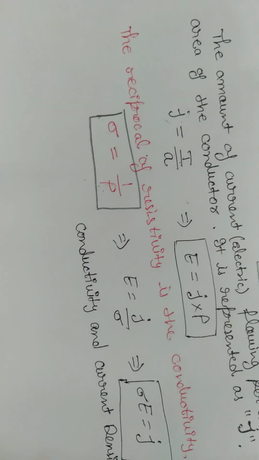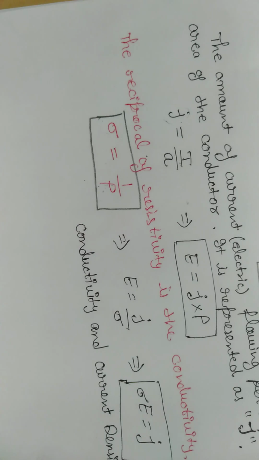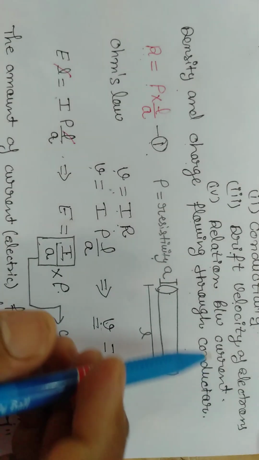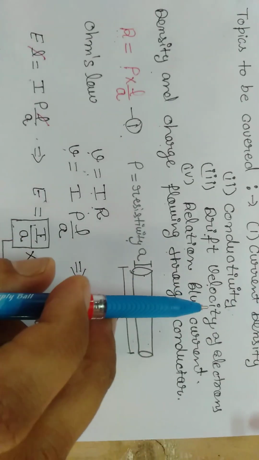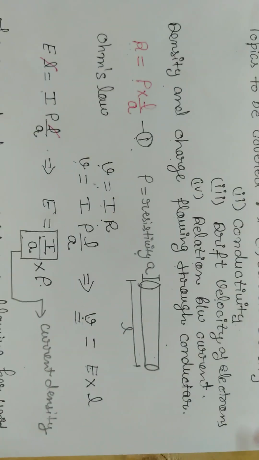Now next what we will do further here, now we will talk about the drift velocity. The drift velocity of the electrons flowing through the conductor.